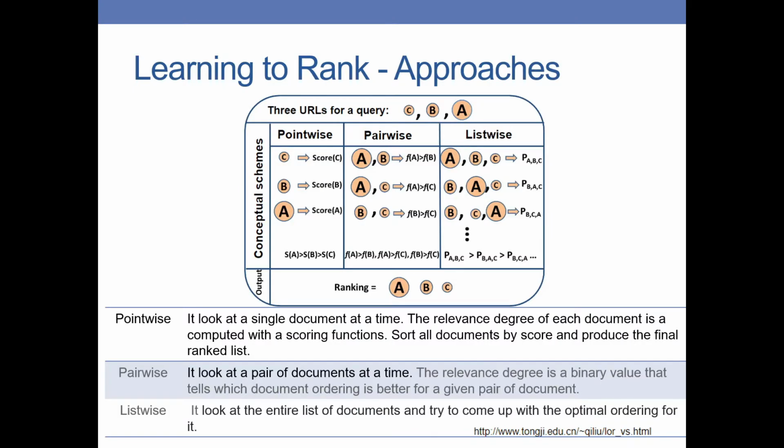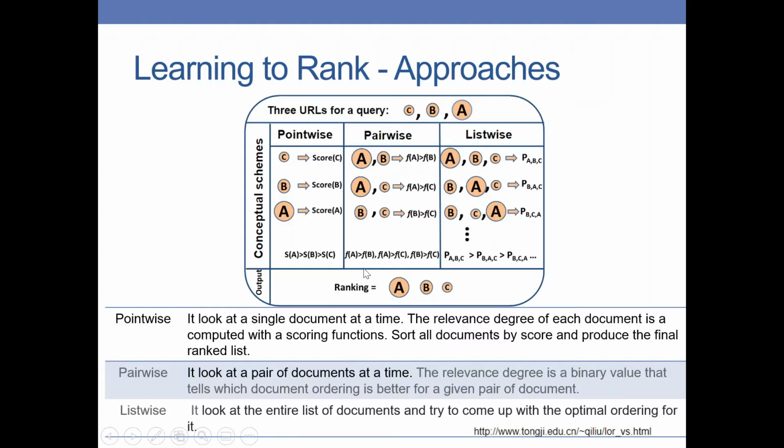So there are three major categories or approaches by which the learning to rank algorithm is done. The first one is pointwise, next is pairwise, and the third one is the listwise approach.